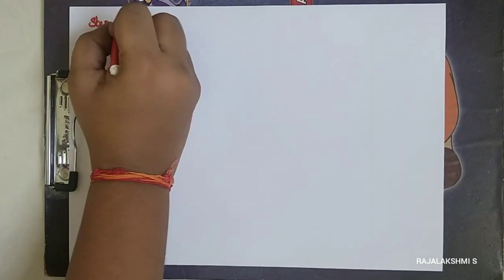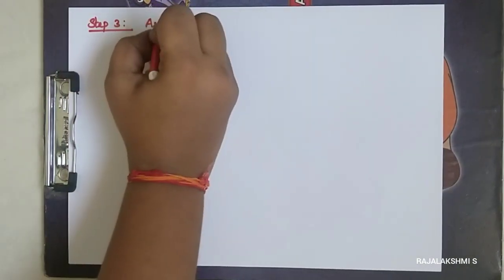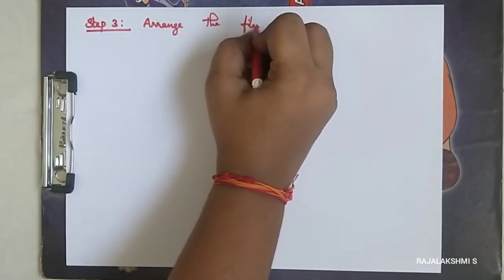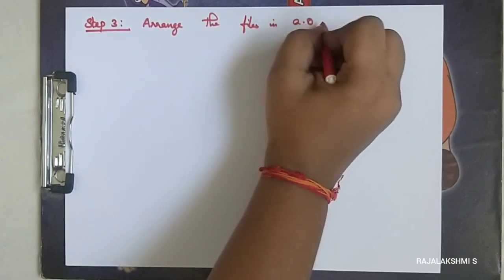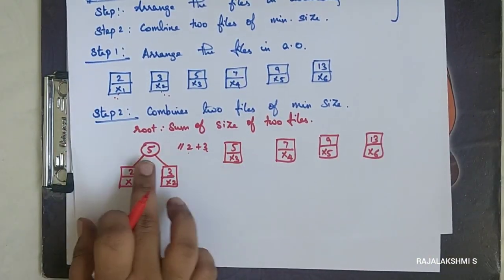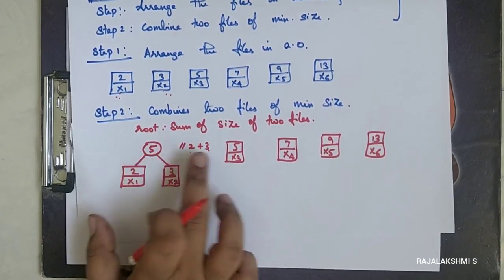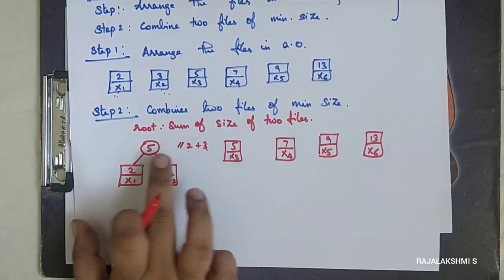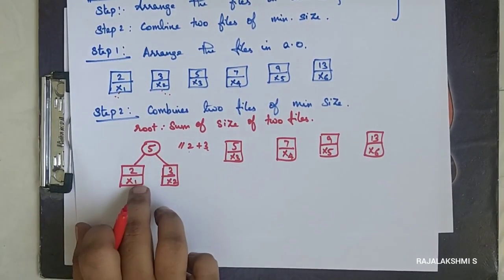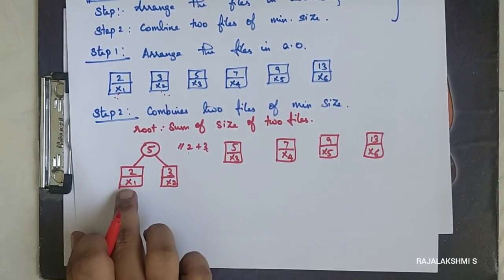So now we have to arrange the files in ascending order. So whenever I'm having two nodes which is having the same value, that is 5, here also I'm having 5, here also I'm having 5. So this is the existing file and this is the new file where I merged x1 and x2.